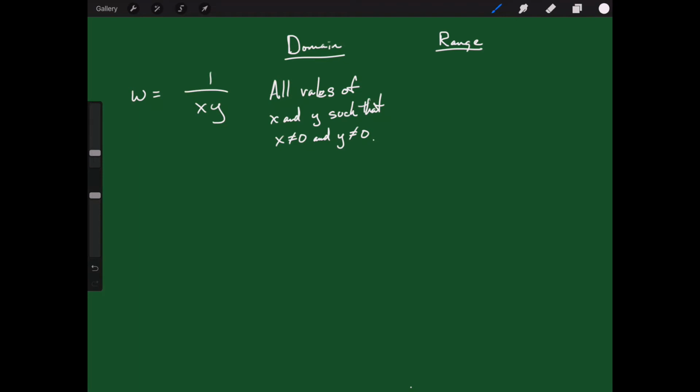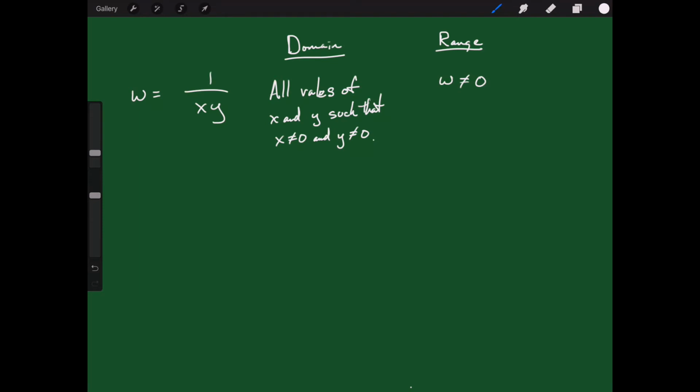So the range here is w is not 0. So any number other than w equals 0 could actually come out of 1 over x times y.